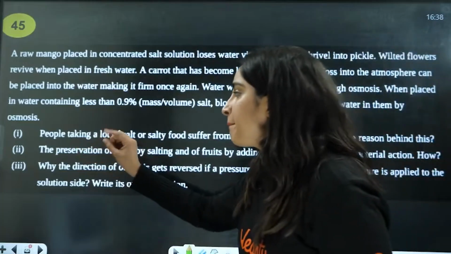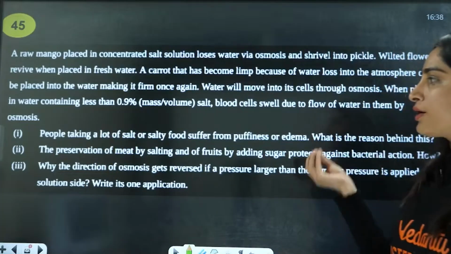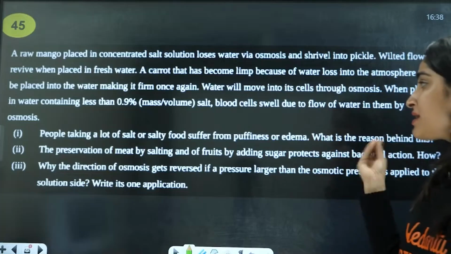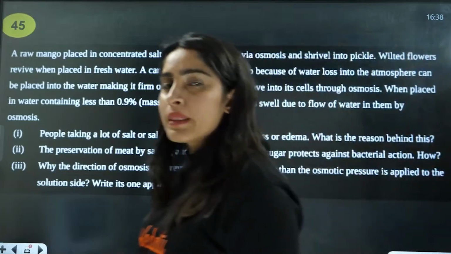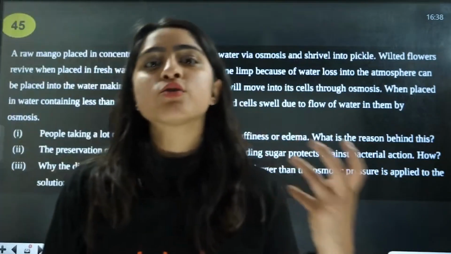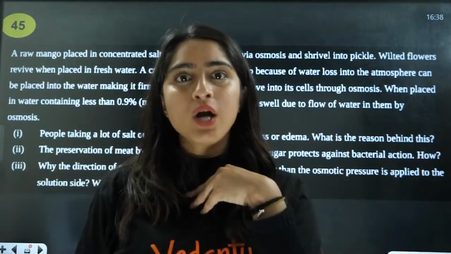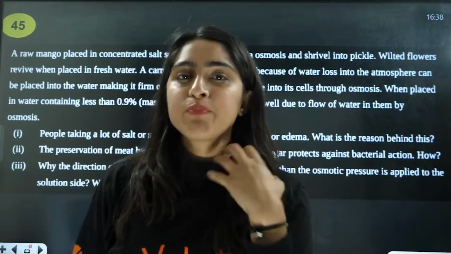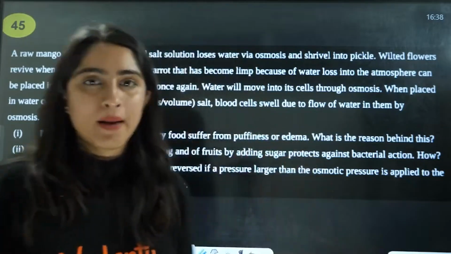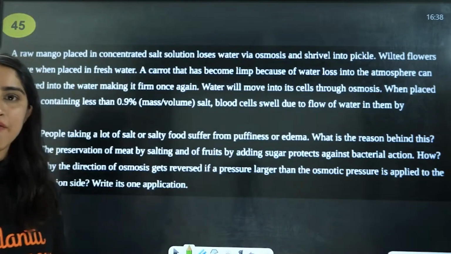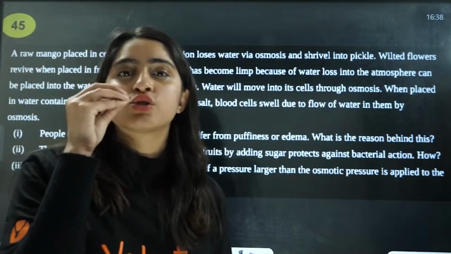People taking a lot of salt or salty food suffer from puffiness or edema. Why so? Because salt is non-volatile. When we add salt, our cells, compared to the outer environment, have more salt.